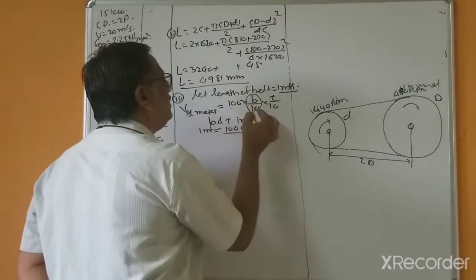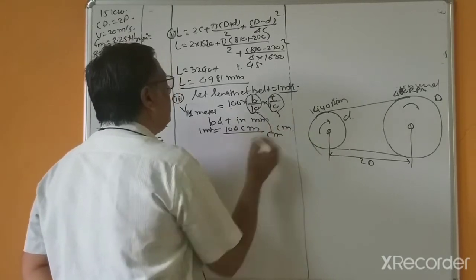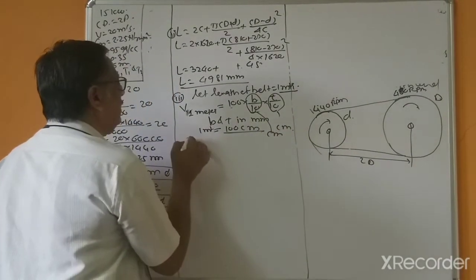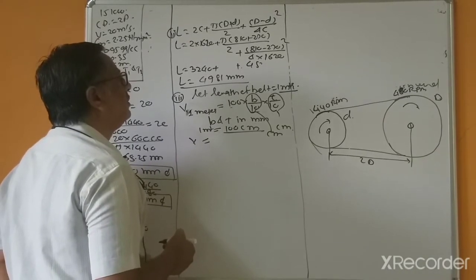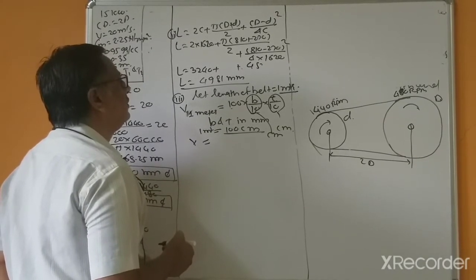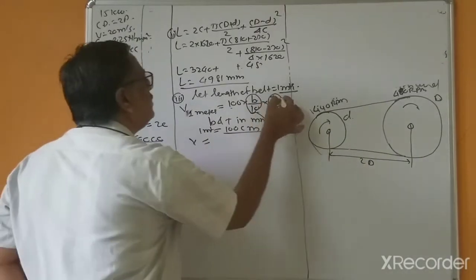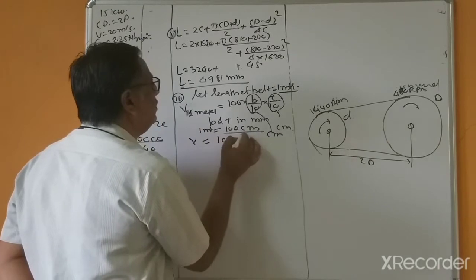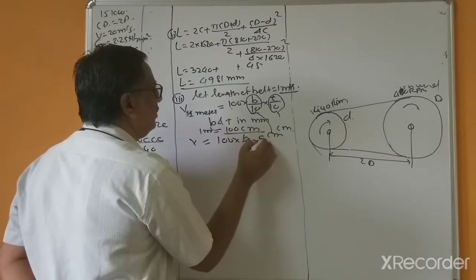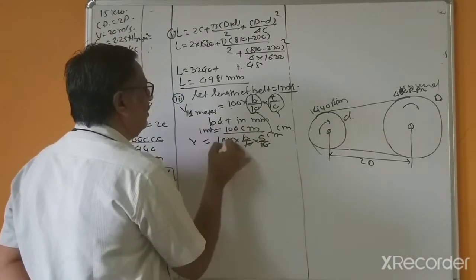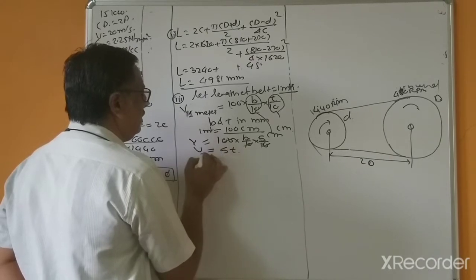So this is in centimeter, and that is also in centimeter. So V equals 5T, the volume of the belt.